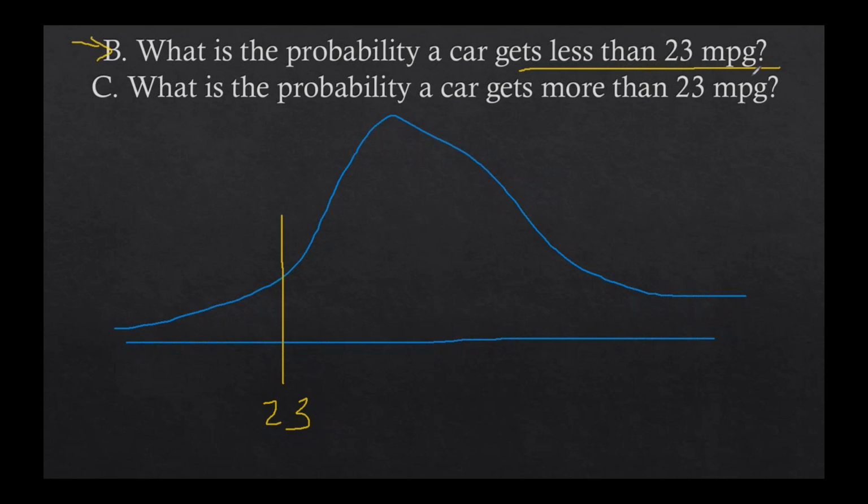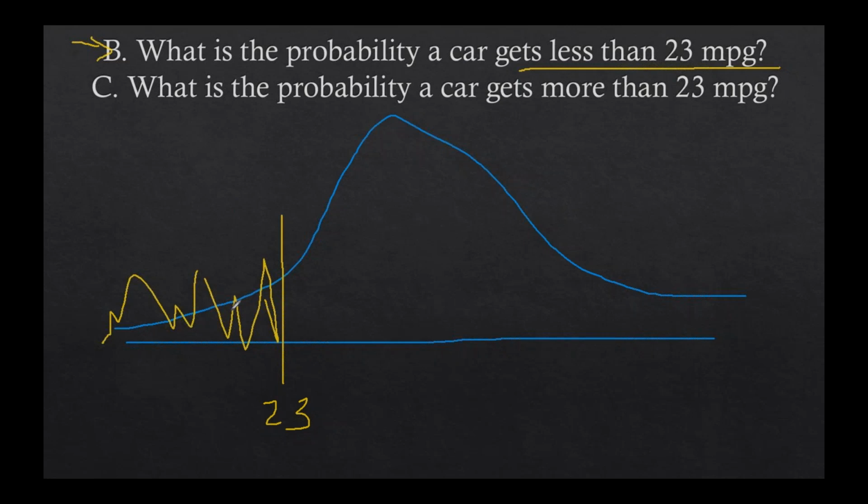Probability a car gets less than 23. Which direction means less? To the left. Very good. So we want to know all of this over here. So when you look at either your screenshot or your drawing, add up all of the percents that are to the left of 23.